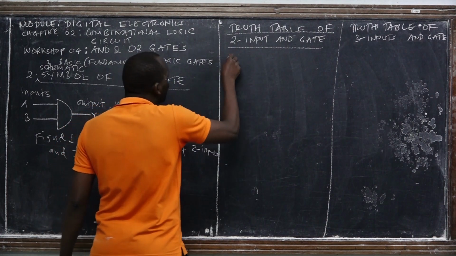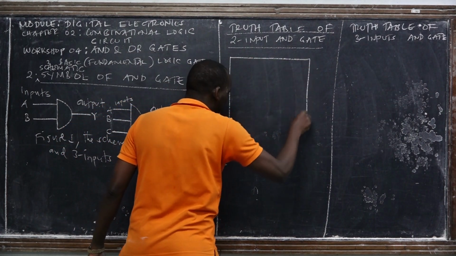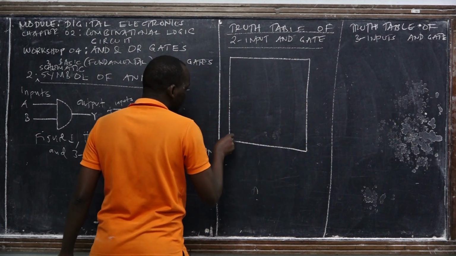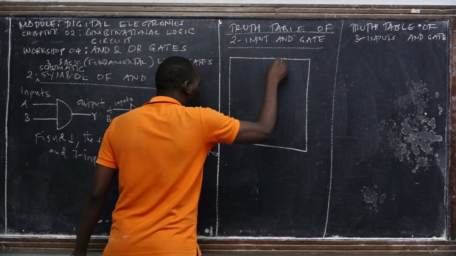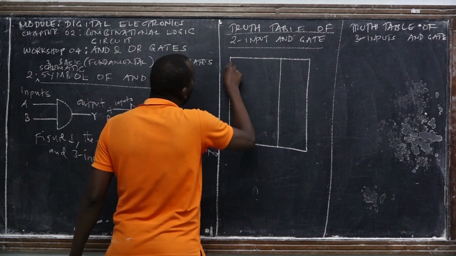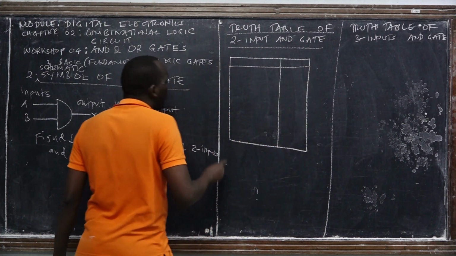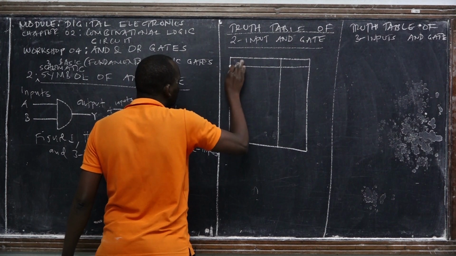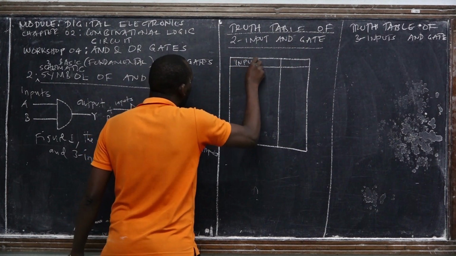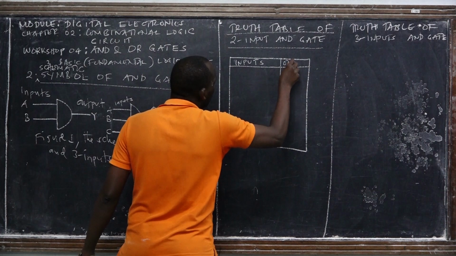So the AND truth table has mainly two parts. The first part we usually call inputs, and the second part we usually call output or outputs. So this is inputs and this is output.